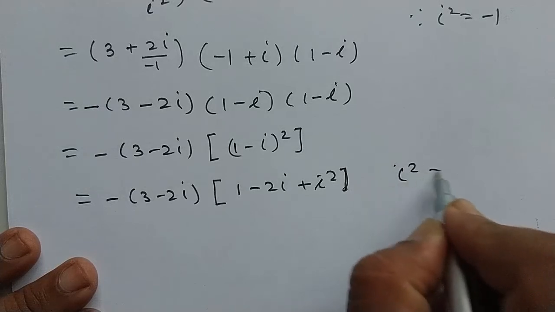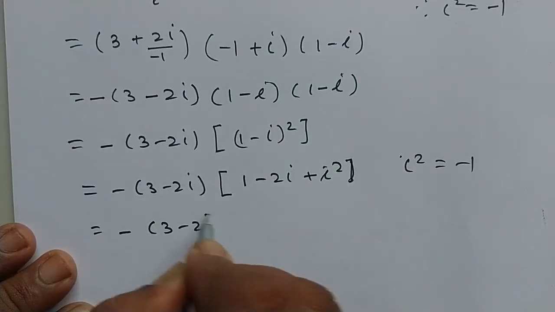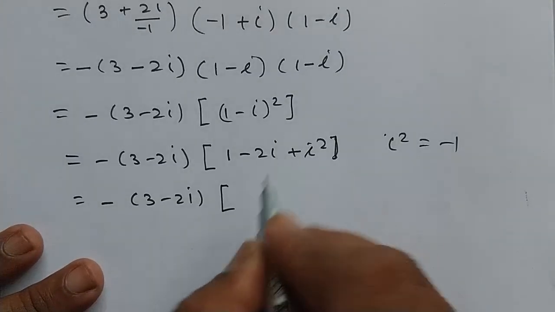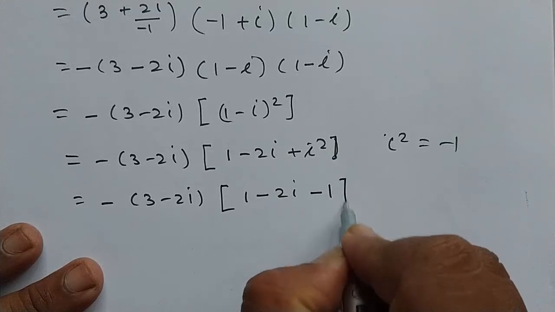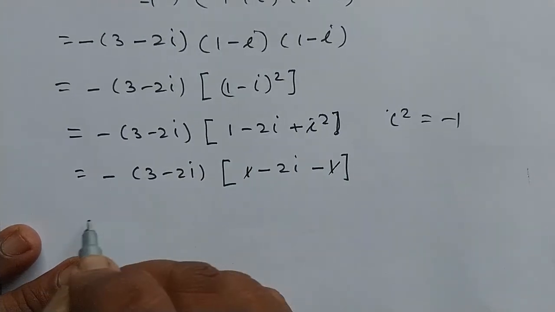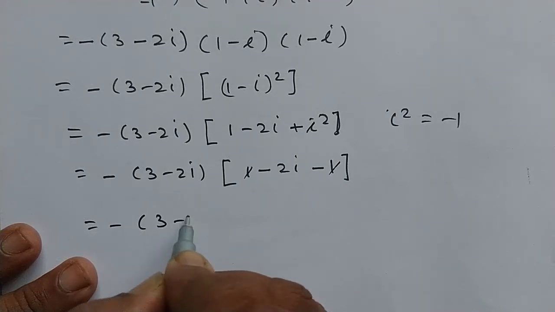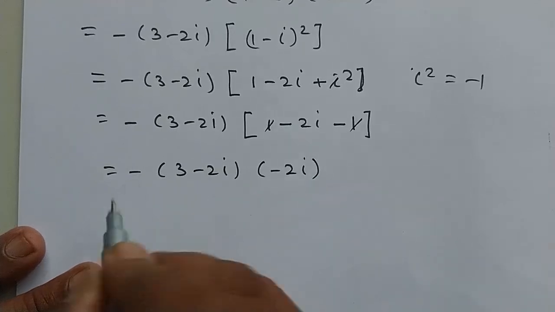Again i square is equal to minus 1, so minus (3 minus 2i) into bracket (1 minus 2i, i square is minus 1). So 1 minus 1 get cancelled, minus (3 minus 2i) into minus 2i.